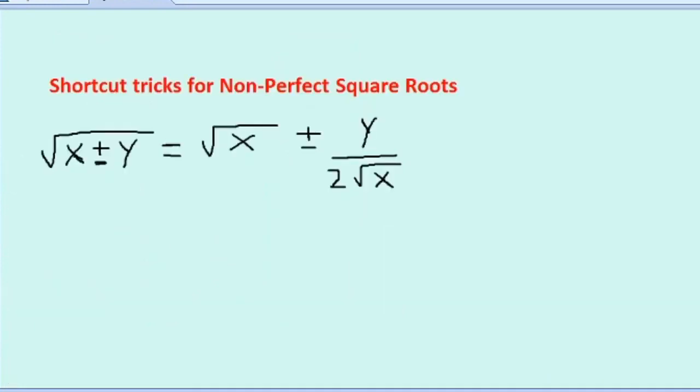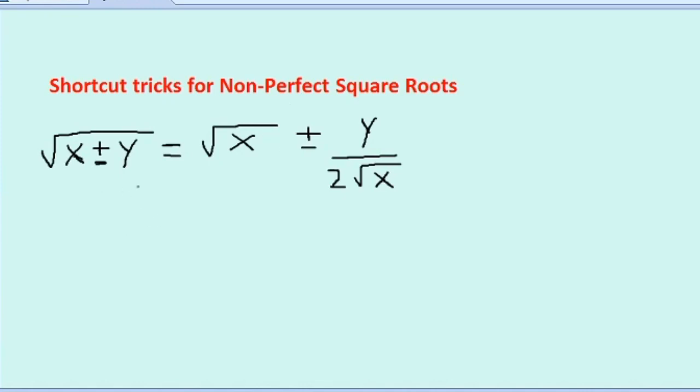Now quickly let's learn some shortcut tricks for non-perfect squares. The division method is a little bit long, so there is a shortcut method, but it has one disadvantage: you cannot get the exact value, you will get only an approximate value of the non-perfect square.